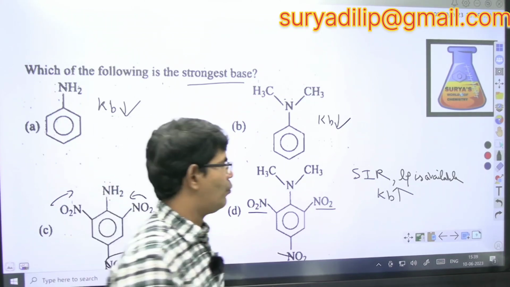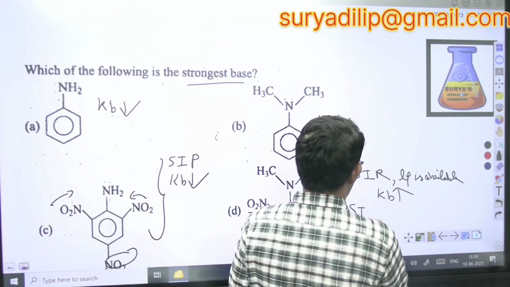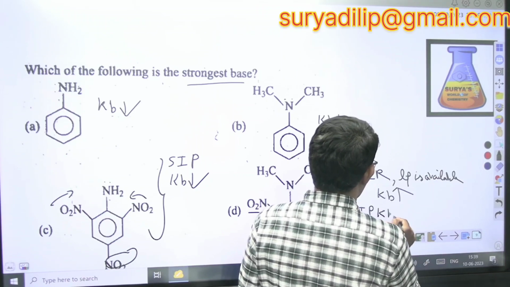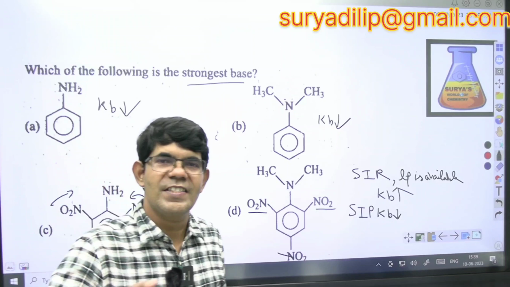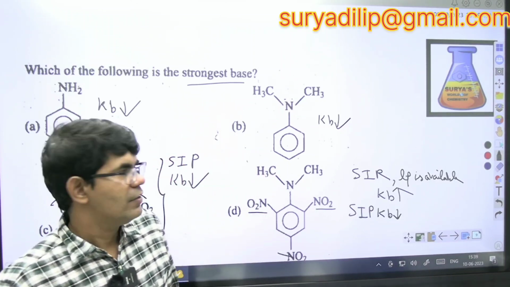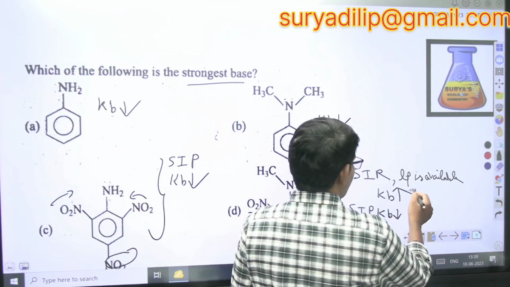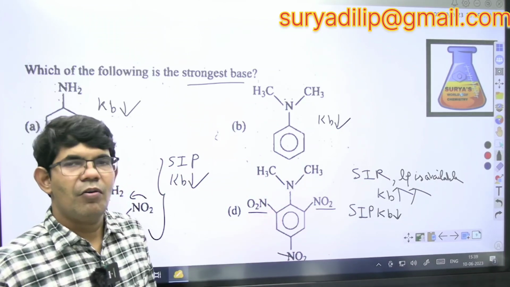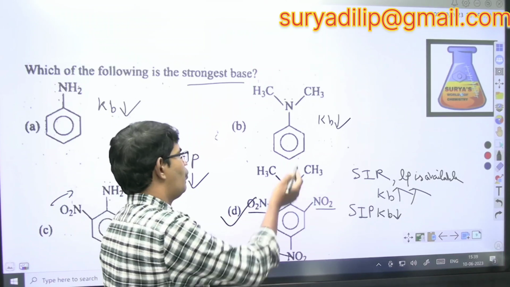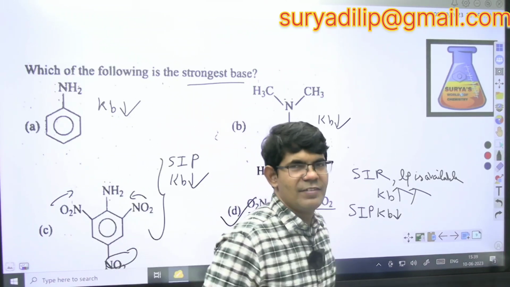Yes, it involves in SIP. So with SIP, basic strength should decrease, but SIR dominates over SIP. So definitely the basic strength for this compound will be the maximum out of all the combinations.